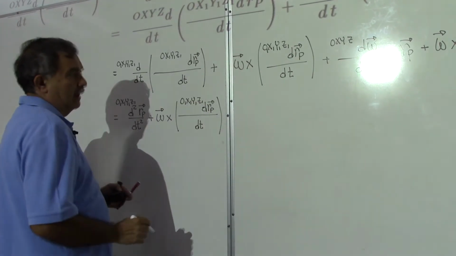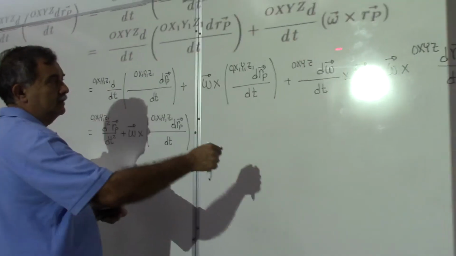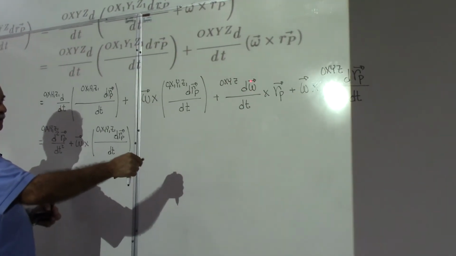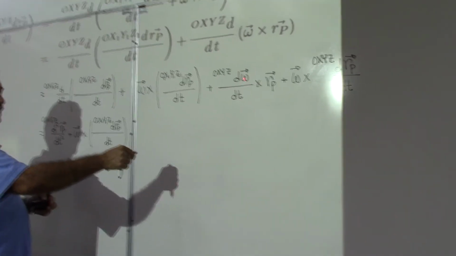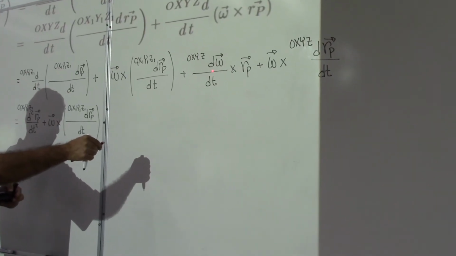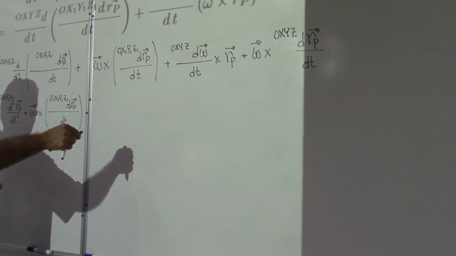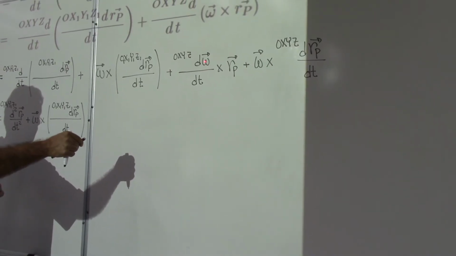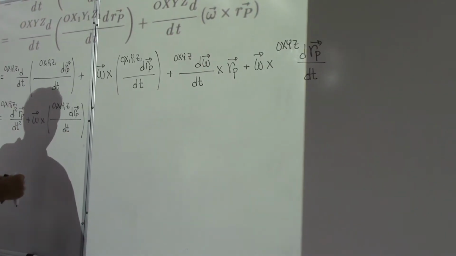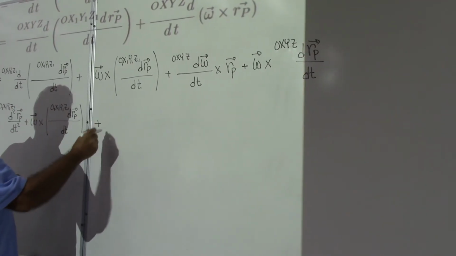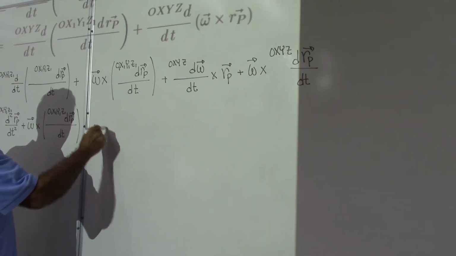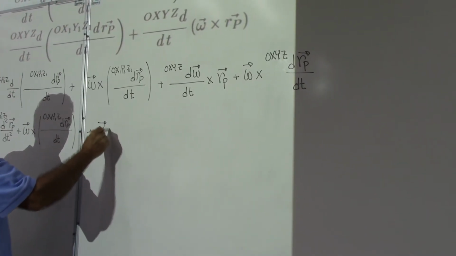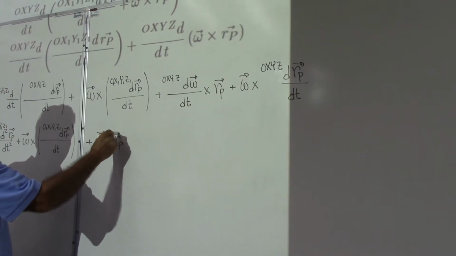Here I don't have any problem. The time derivative of the angular velocity of the moving body, that is also the angular velocity of the moving reference frames, is going to be equal to the acceleration times Rp.